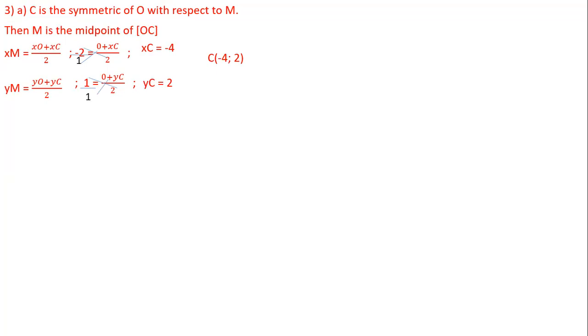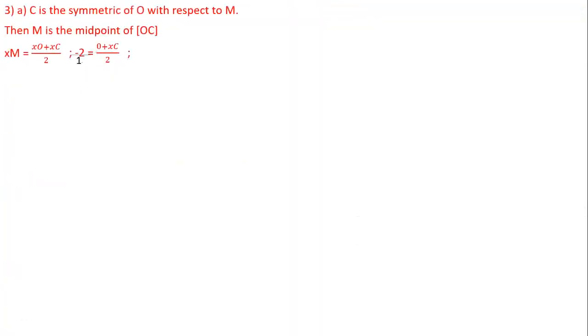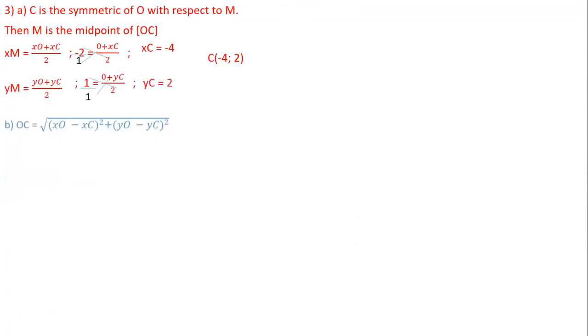Thank you, Mariam. Now let me go back to the question. In part B, we should calculate the length OC and AB. How can we calculate the length OC, Mahdi? OC equals the radical of (XO minus XC) all squared plus (YO minus YC) all squared.